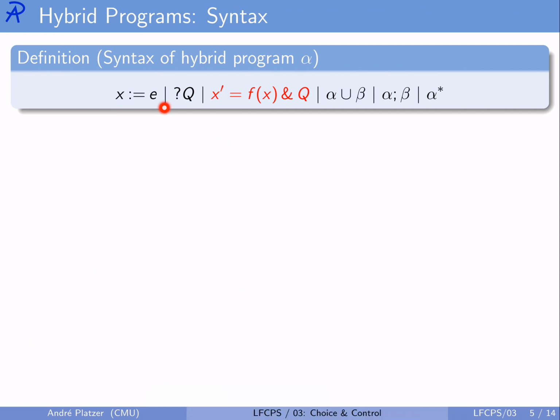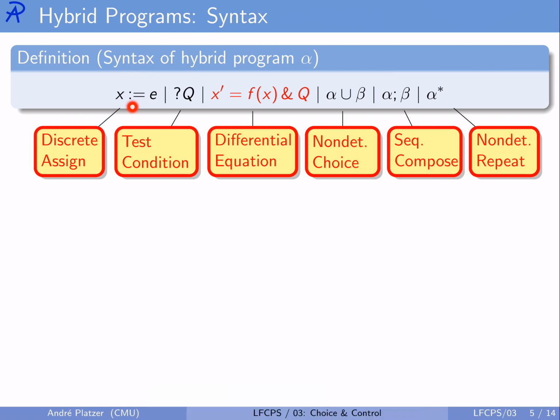Hybrid programs can have discrete assignments. This discrete assignment is the primitive for discrete dynamics, where we assign the value of a term E to a variable X by changing it at a discrete moment in time. What terms are possible is what we've already seen in the previous chapter.